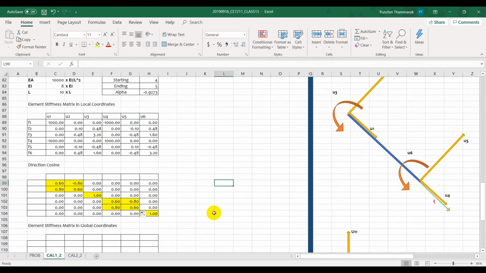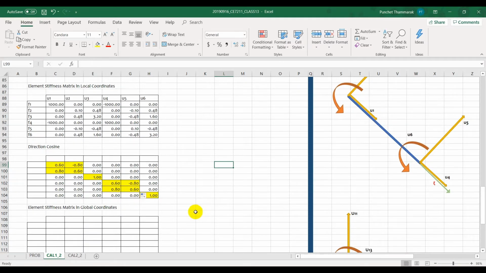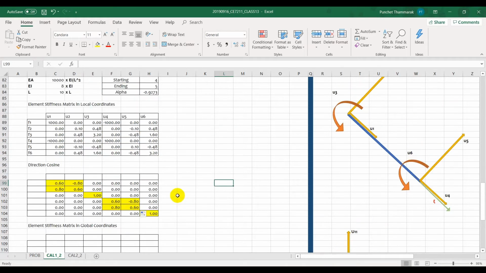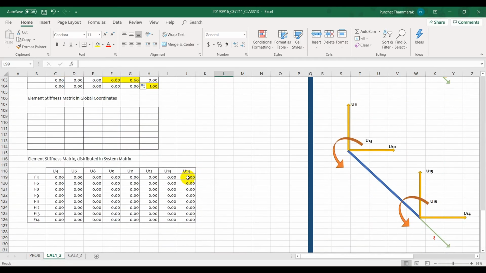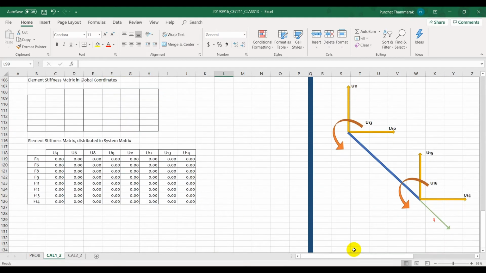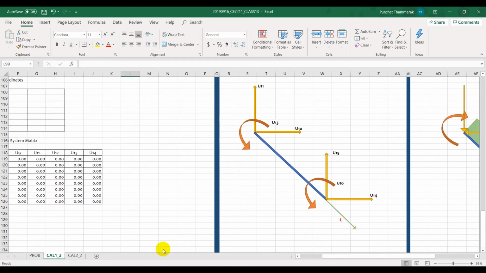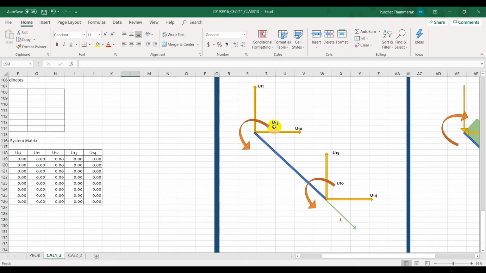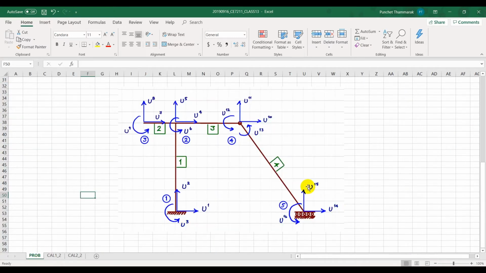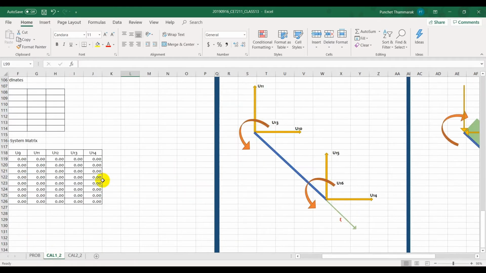Okay, all right, so the direction cosine is established, and then we can set up the element stiffness matrix in the global coordinate. So we take a look at this one here. In global coordinates, this member is made of U10, U11, U13, 10, 11, 13, and 14, 15, 16.